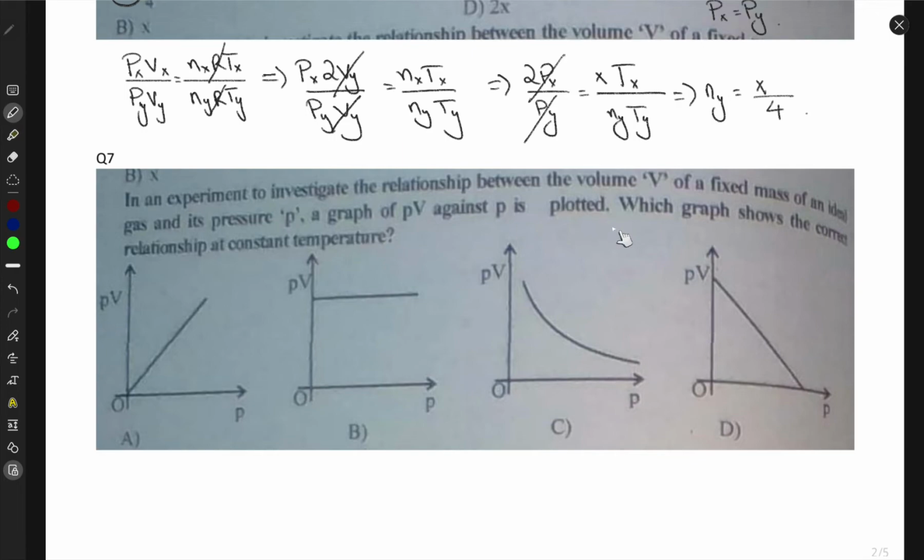So we have an ideal gas, right? So we can use this relation PV equals nRT, and we are seeing PV against P. The mass is fixed, which means the number of moles would be the same.